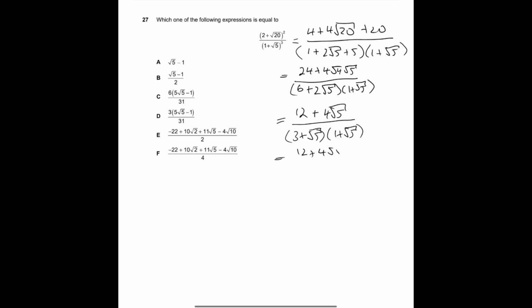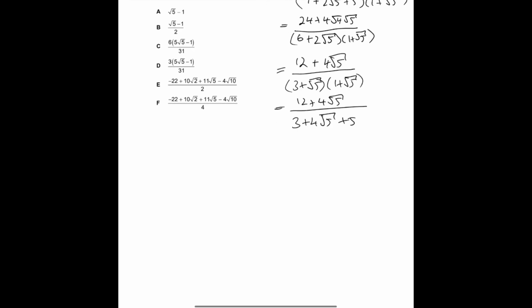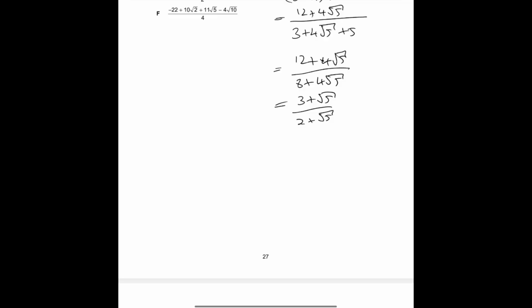12 plus 4 root 5 over 3 plus 4 root 5 plus 5, which is 12 plus 4 root 5. Take out a factor of 4. And then we've got to rationalize the denominator.